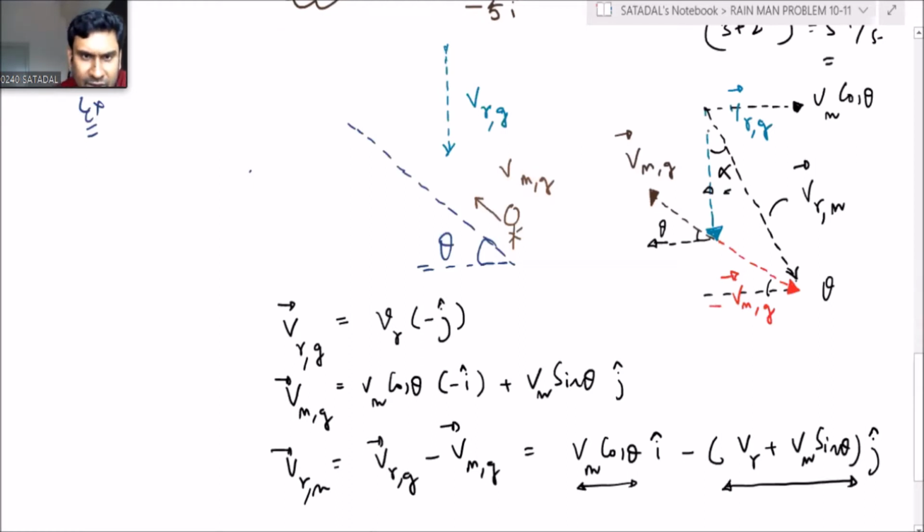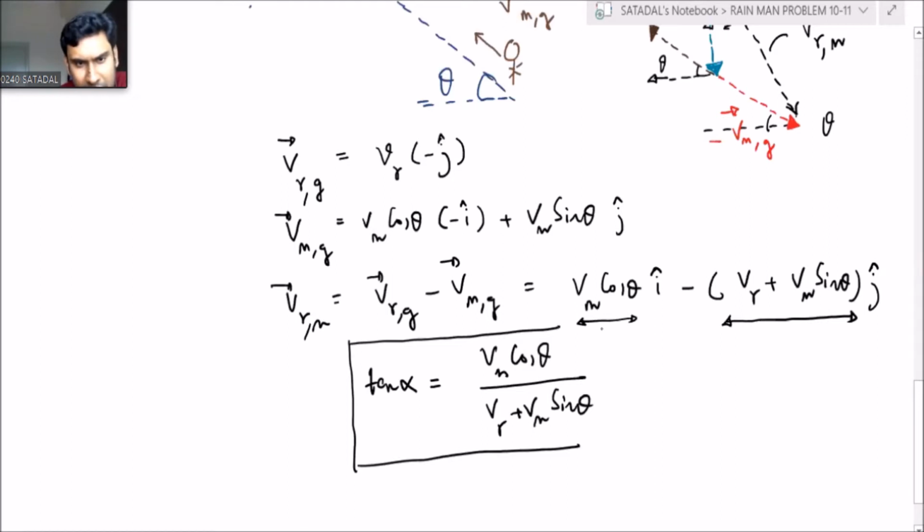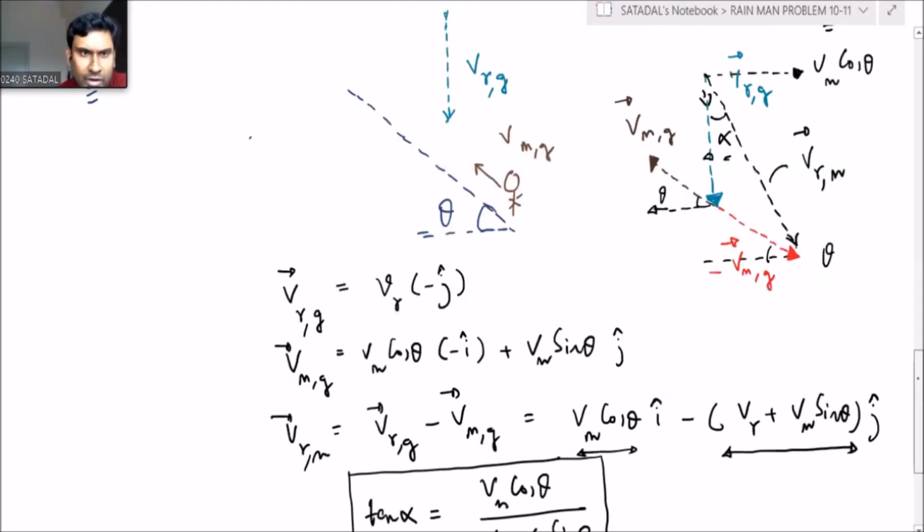So Vy will be equal to this term. So I can write tan alpha is equal to Vm cos theta divided by Vr plus Vm sin theta. Is that okay? Understood? If there is any doubt, feel free to ask.